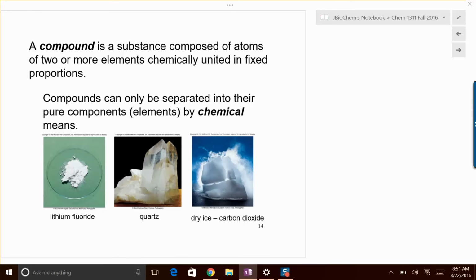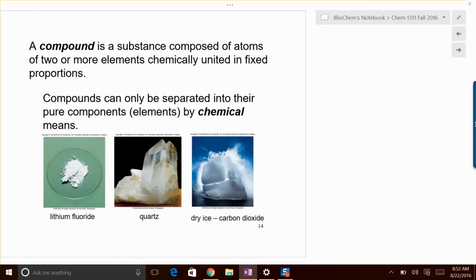So if I have a piece of copper wire, I go to Home Depot and I buy some copper wire. It's an element. Okay, it's not a compound. It's a pure substance. It's pure copper. It's an element. If I purchase a piece of metal that's made of iron, it's iron.